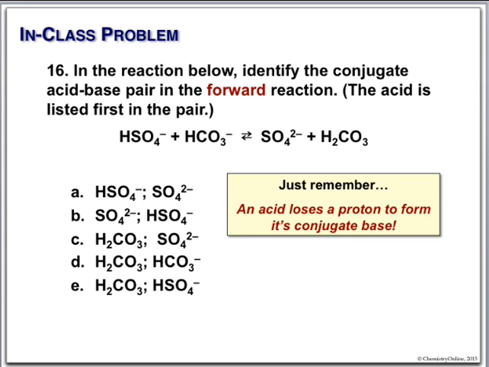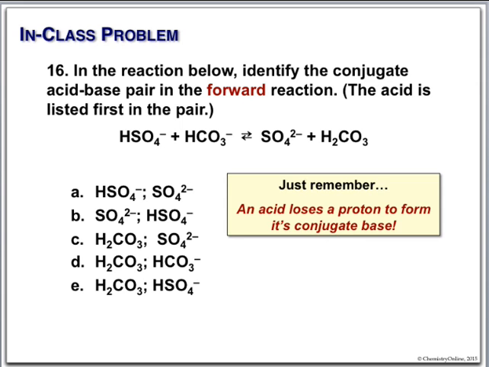Dihydrogen carbonate and hydrogen carbonate, yeah, here we've lost one proton. And finally, dihydrogen carbonate and hydrogen sulfate, not even the same compound. So our answer is going to be either A or D, because both of these lost a proton to form this.